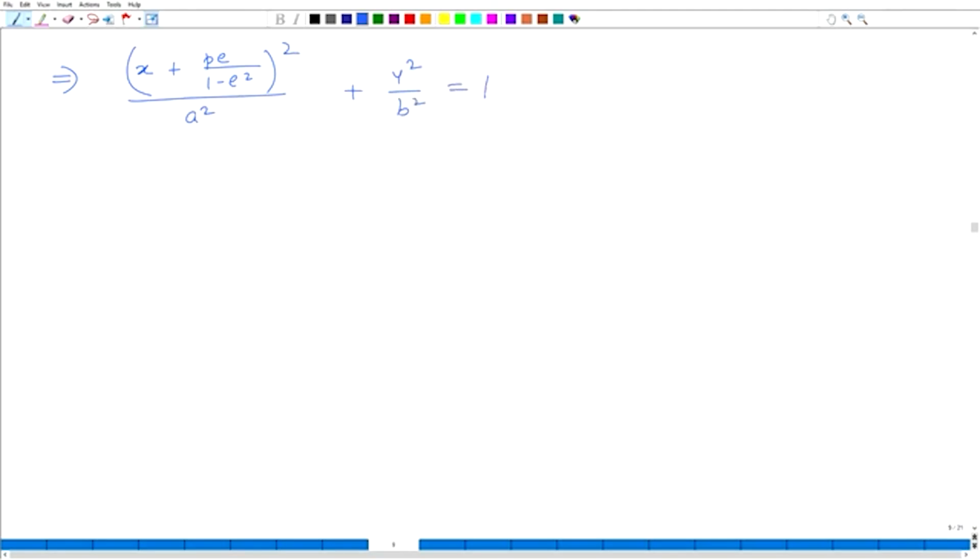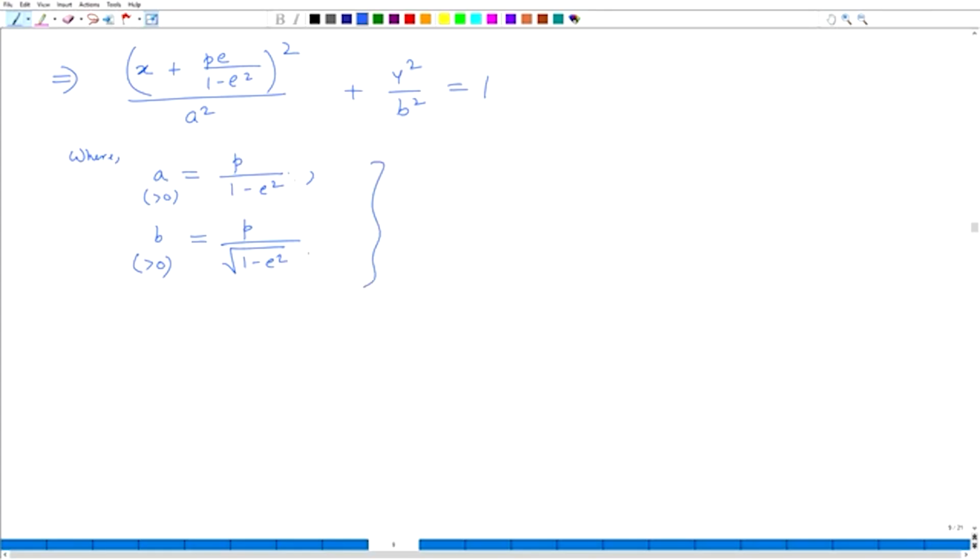Where your a is given by p by 1 minus e square and b is given by p by root over 1 minus e square. And both of them are greater than 0. So, this will be greater than 0, this will also be greater than 0. So, they are not equal here; they will of course be equal if e is 0.